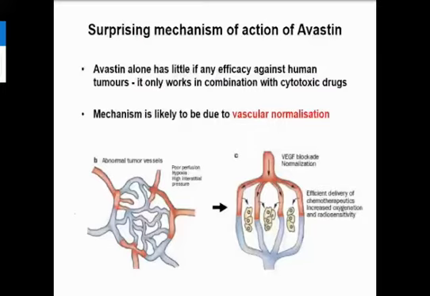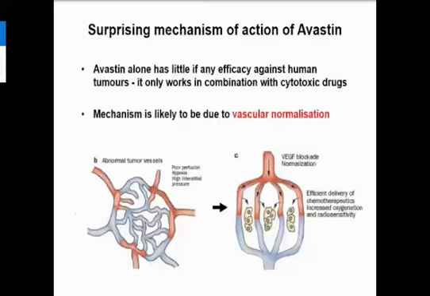What the anti-VEGF, the Avastin antibody, does in human, it actually reduces the level of VEGF and it allows the blood supply to the tumour to be normalised. So it basically corrects this horrible, tortuous set of vessels into a much nicer set of vessels that are perfusing the tumour now very nicely with blood.